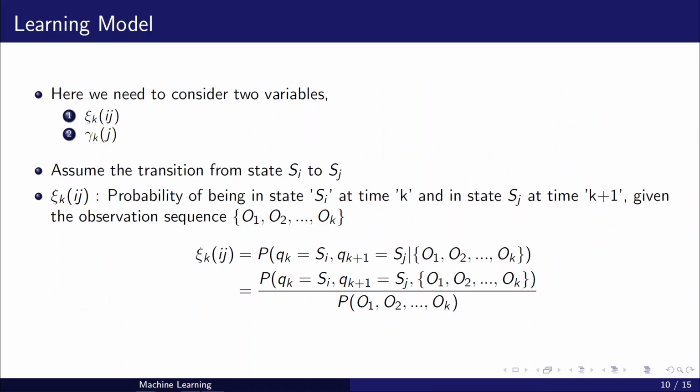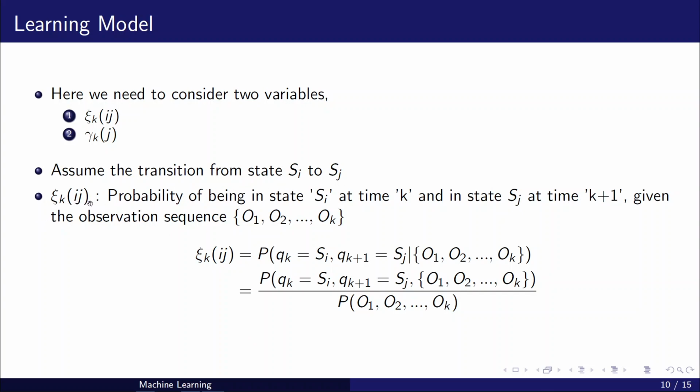To obtain these values, we need to consider two variables. One is psi k(i,j) and another one is gamma k(j). Psi k(i,j) represents a transition from state i to state j. So assume the transition from state i to state j.